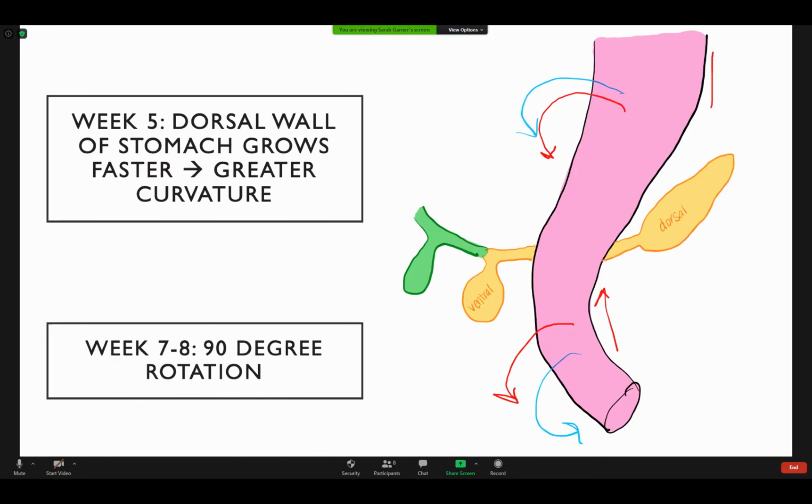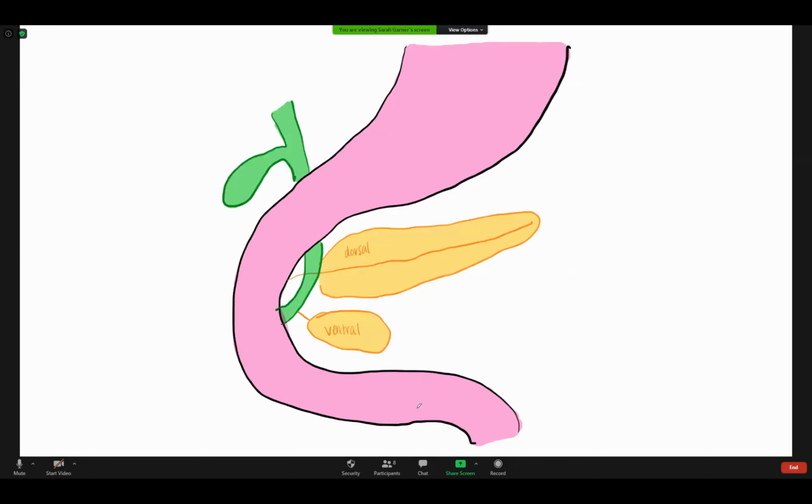So you can see the greater curvature starting to form here. We're going to now rotate all of this. And as that happens, this part's going to pull up with it. So what it's going to do here is then pull the duodenum upwards, like I just said, and it'll form that C curve of the duodenum. You ever wonder why the duodenum has that weird C curve? This is why. It's pretty cool, actually.